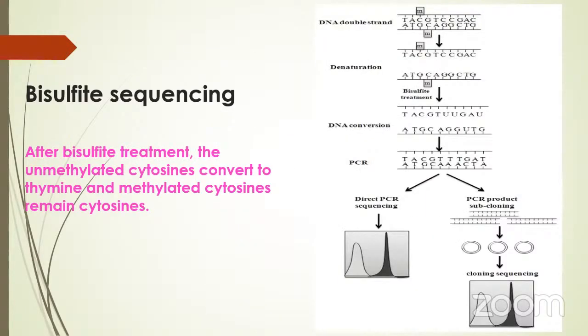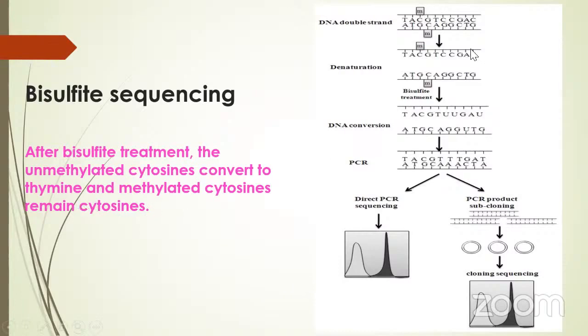Now the best technology is bisulfite sequencing. You have to identify which portion of the genome, or which fragment of a genome, is having methylation. For bisulfite sequencing, what is the basic thing you have to remember? After bisulfite treatment, the unmethylated cytosine is converted to thymine.